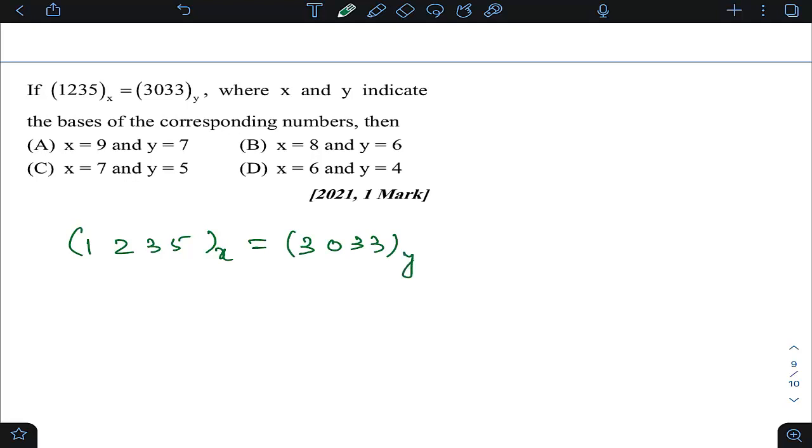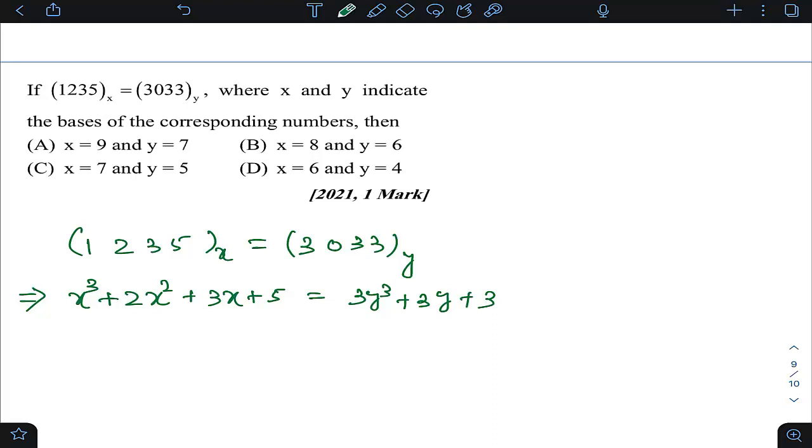Okay. So again, as usual the same approach, because the base is not known, let us convert both sides of the equation into base 10. If I do that, you get x cube plus 2x square plus 3x plus 5 is equal to 3y cube plus 0y square plus 3y plus 3.